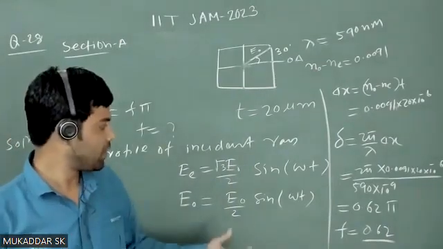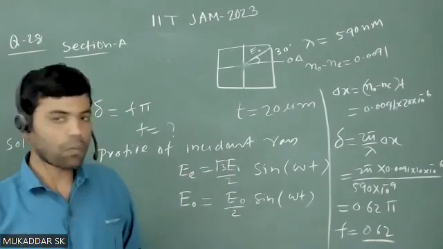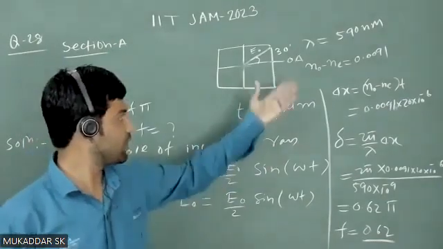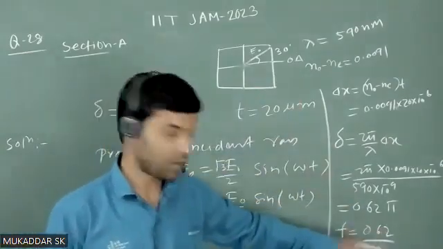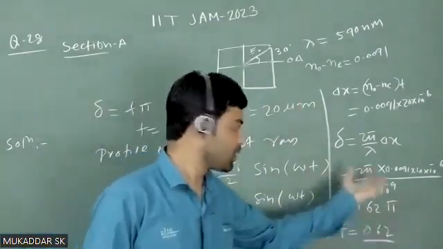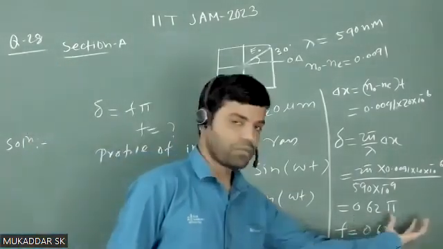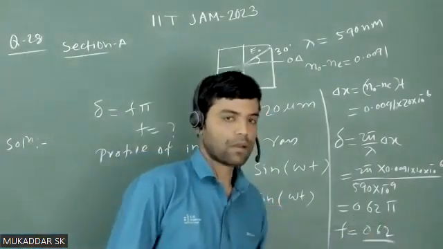But it satisfies the condition for elliptically polarized light. So obviously the transmitted ray will be elliptically polarized, and the phase difference between the E ray and O ray will be 0.62 pi. Okay, thank you.